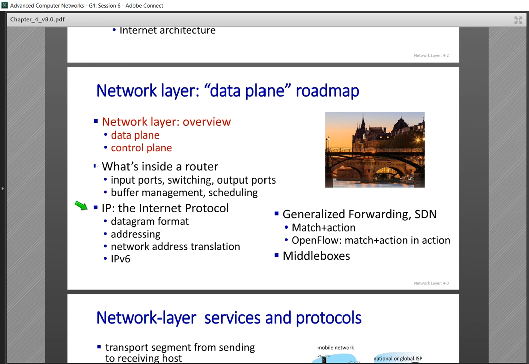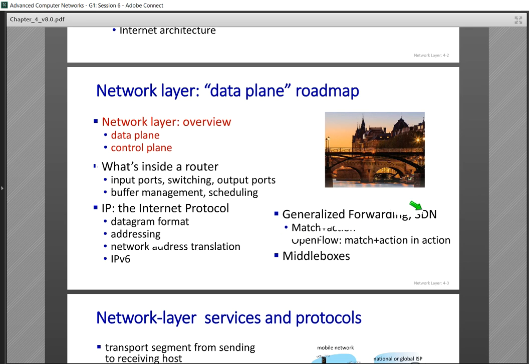Also, we'll talk about IP protocol or internet protocol, its formats and addressing, IPv6, and how we can translate the network access. And our special guest, SDN and OpenFlow.